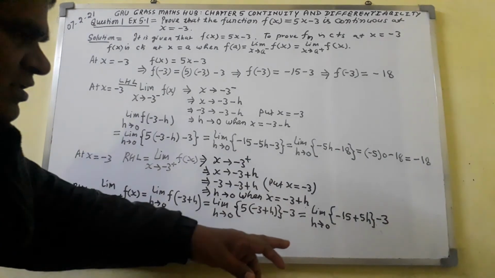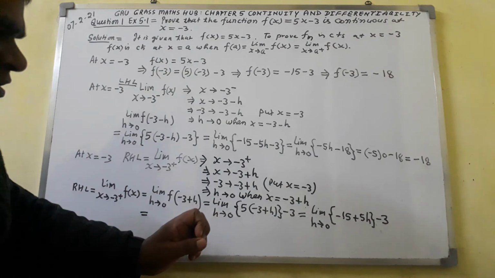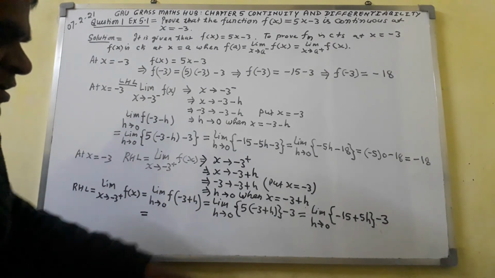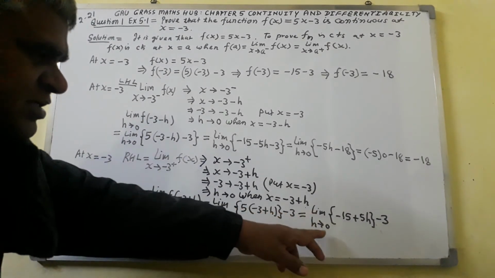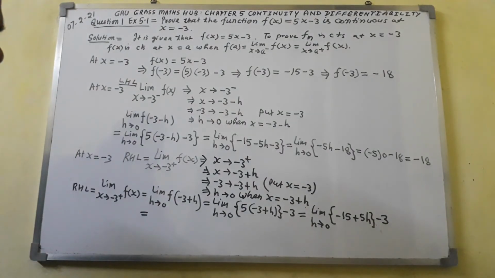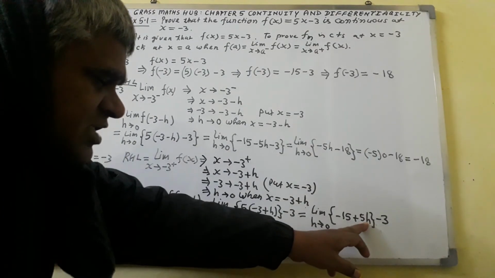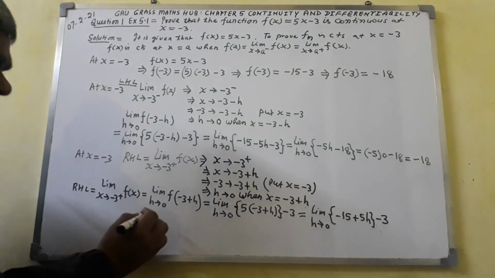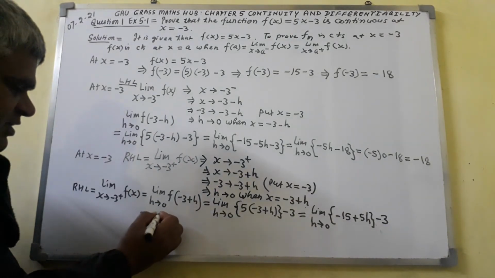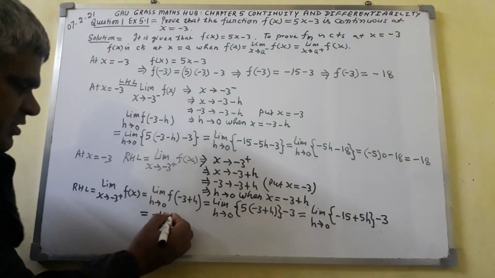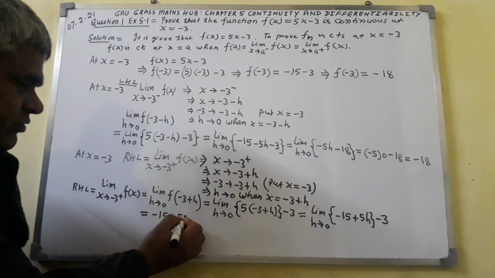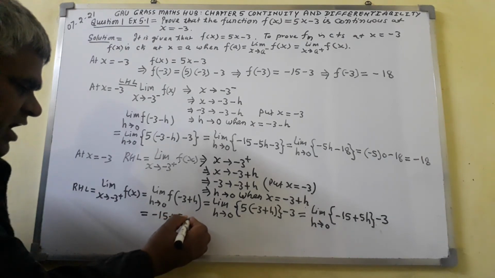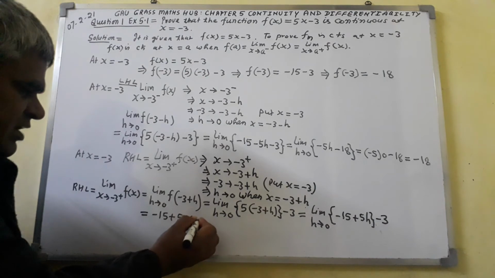Here you can see lim h tends 0 will be removed. Then here you put h equal to 0. So here I shall write minus 15 plus 5 into, in place of h I shall write here 0, minus 3.